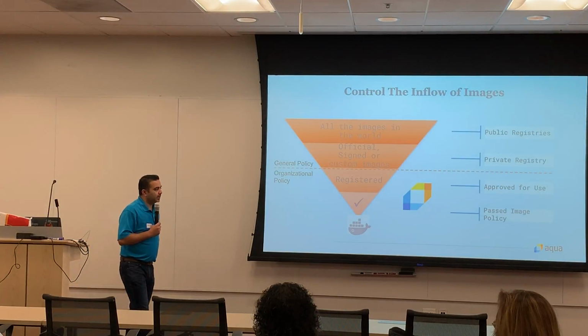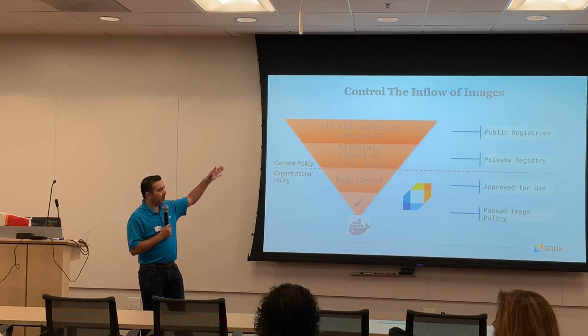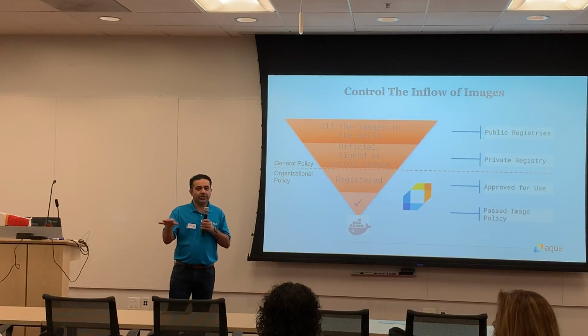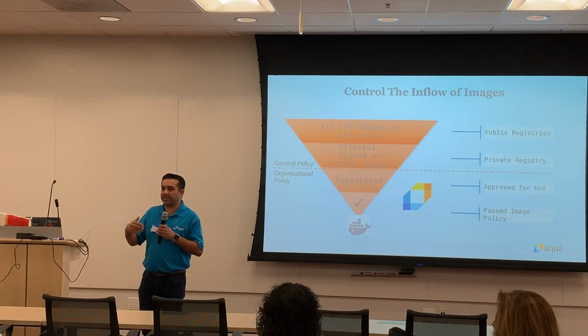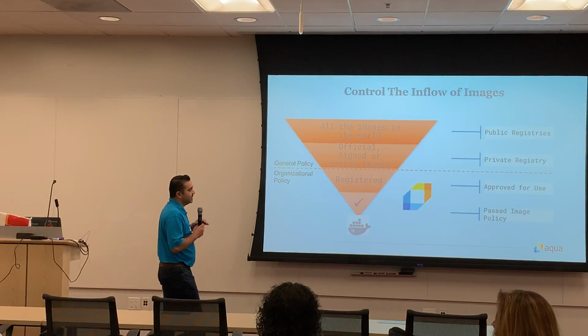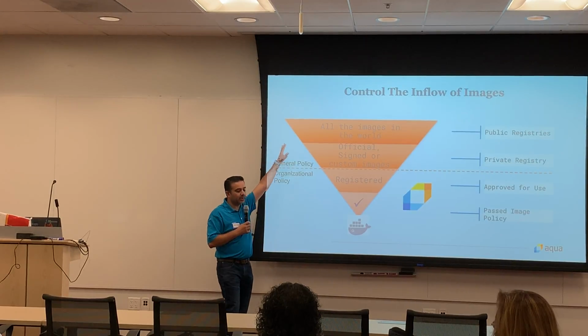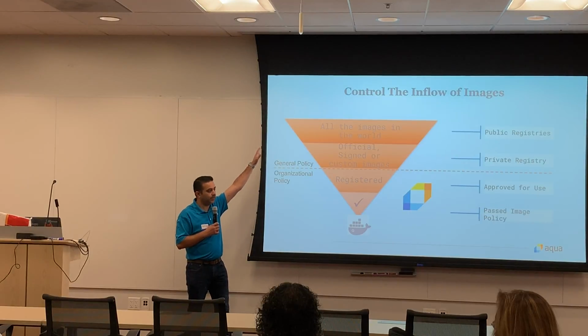Like the example I was giving you before about anyone being able to run anything, you need a gate to allow which applications are allowed and which are not. Typically, you have all the images in the world, from Docker Hub or from anywhere you want.